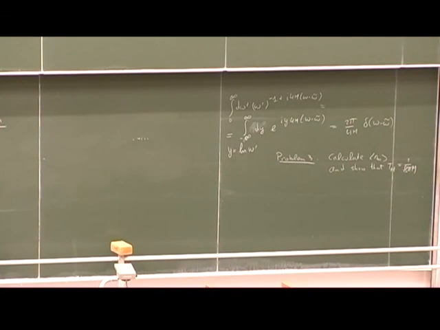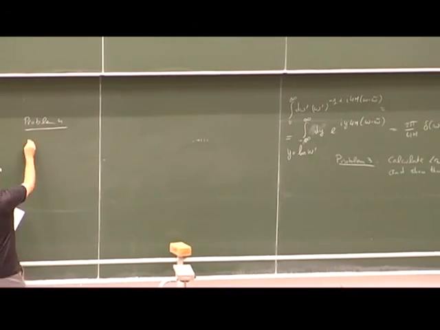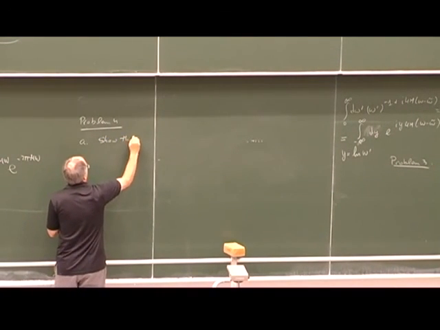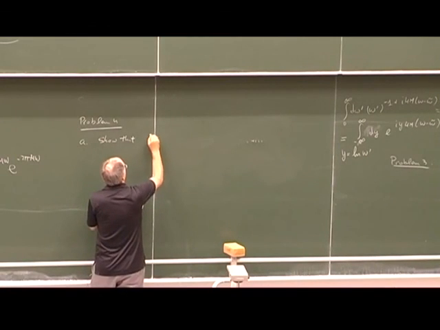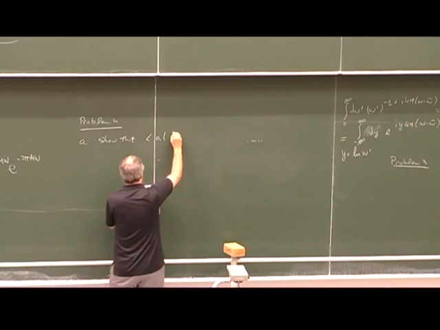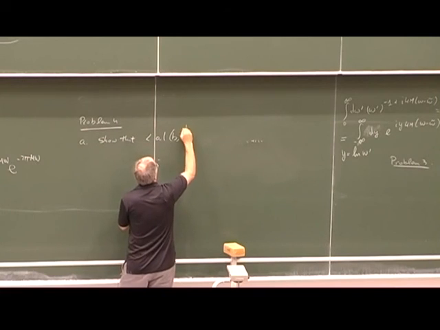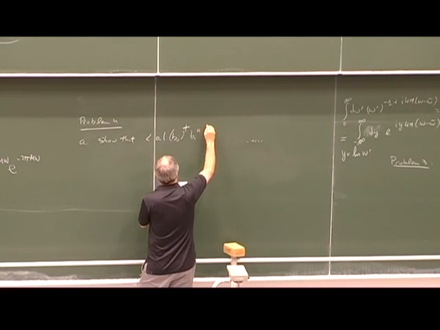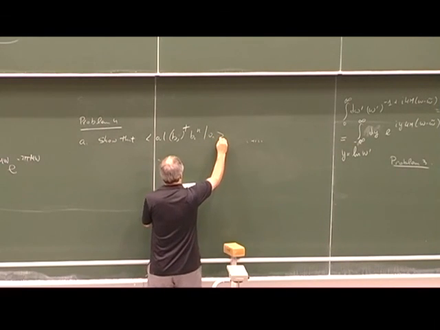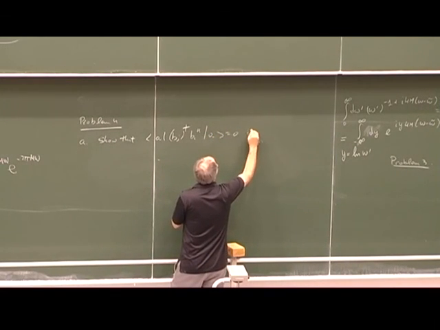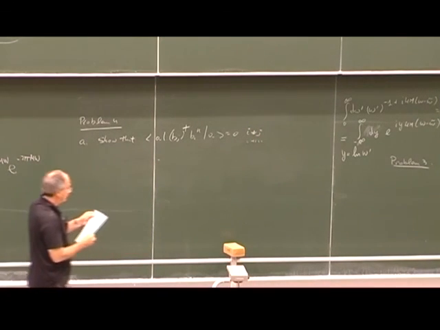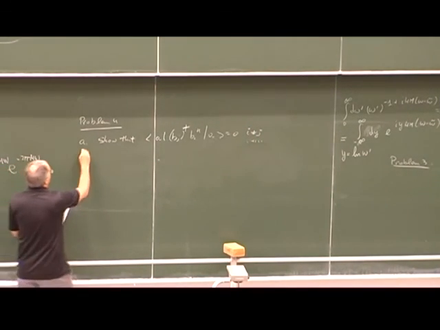A: show that it vanishes for i different from j.